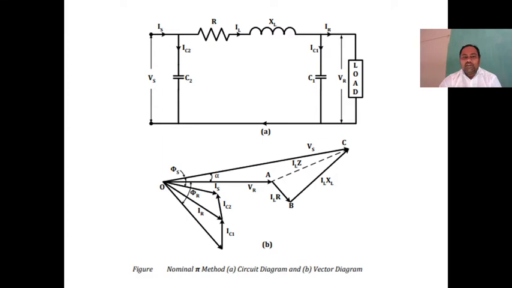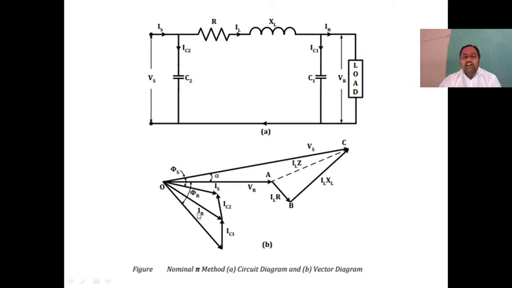First draw VR. Then draw IR at an angle of phi r. IR is always lagging, as I already told you, and in the remaining cases also we take it as lagging.